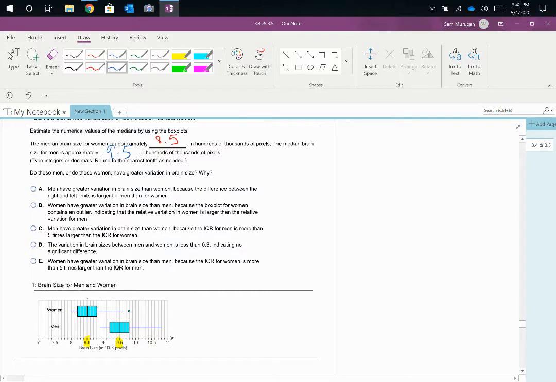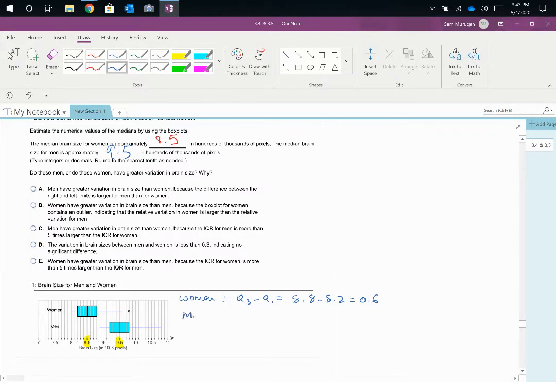So quartile 1 to quartile 3 for women, Q3 minus Q1 is, let's see, this looks like 8.8 minus 8.2, which is 0.6.